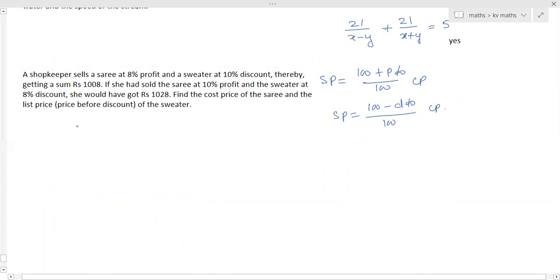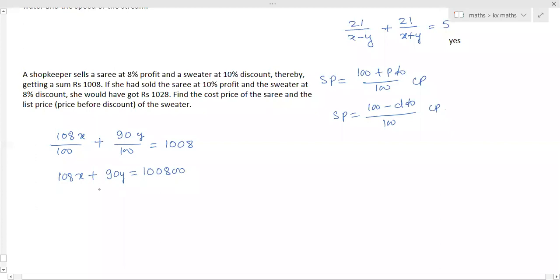The equation will be, 8% profit, that means 108x by 100 plus 90y by 100 is equal to 1008. First equation. You can also do it as 108x plus 90y is equal to 100,800.